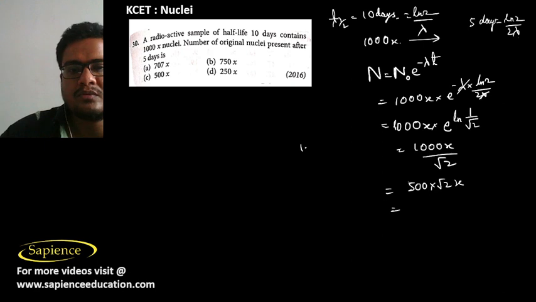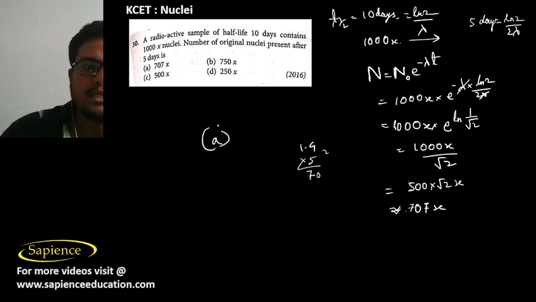Root 2 is 1.414, so 1.414 into 500 is about 707x. And A is the correct answer.